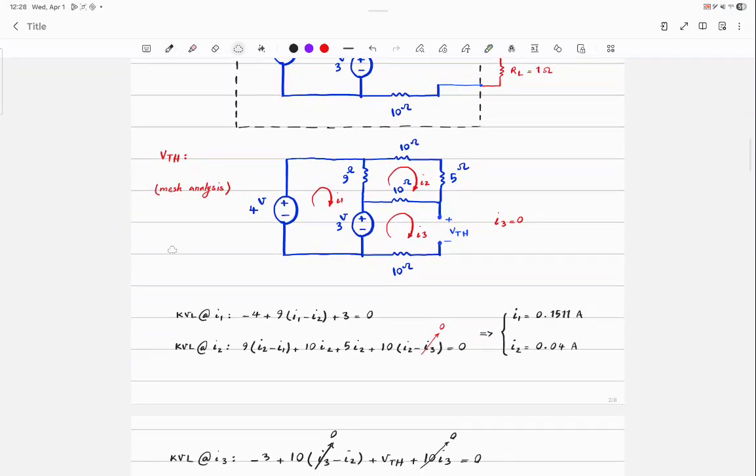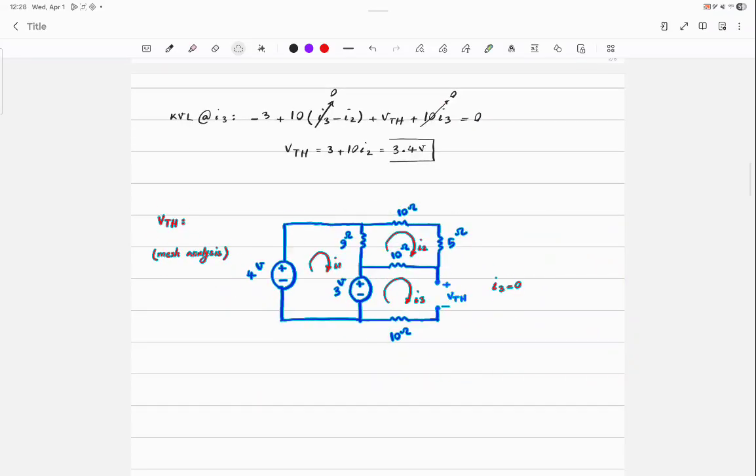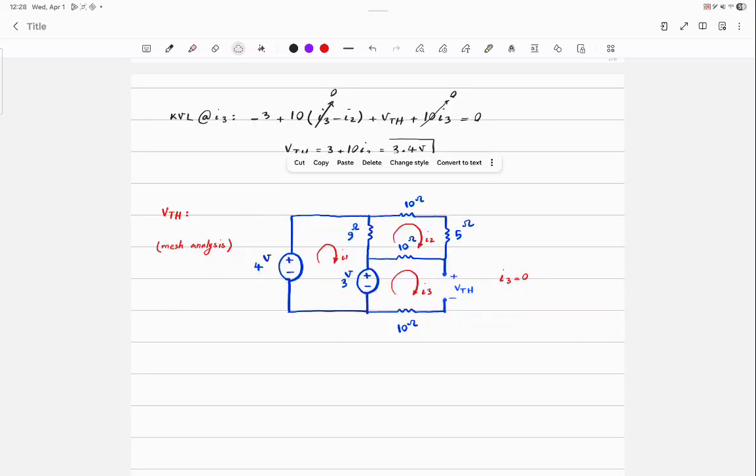Let's do one more method. So let's do nodal and see what happens. So I'm going to assign a ground, right?